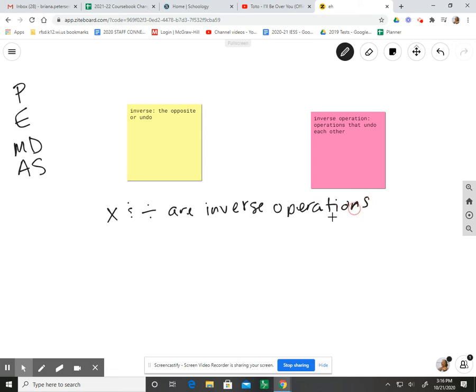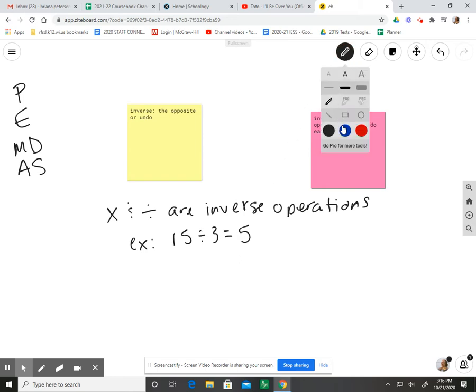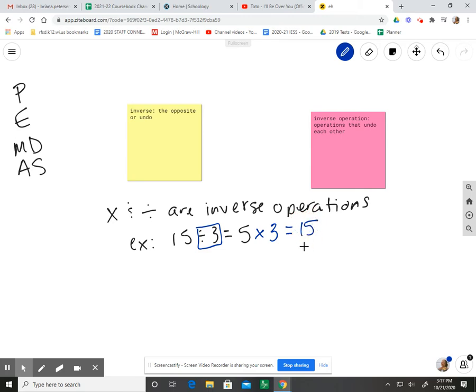So, for example, if I have 15 divided by 3, I get 5. Now, what if I wanted to undo my dividing by 3? Well, to undo that, I would just multiply by 3, and I'll get back the 15 I started with.